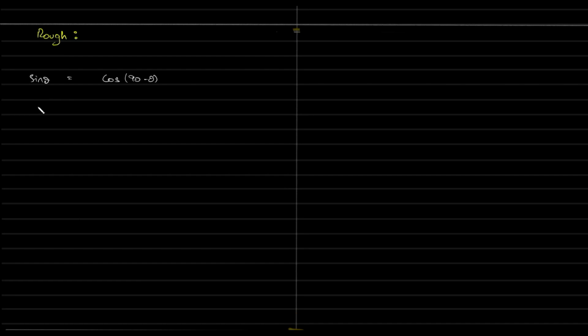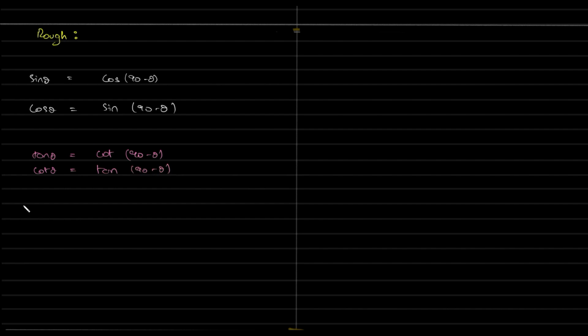Similarly, cos theta is sine of 90 minus theta. Then next pair is tan theta is cot of 90 minus theta, while cot of theta is tan of 90 minus theta.